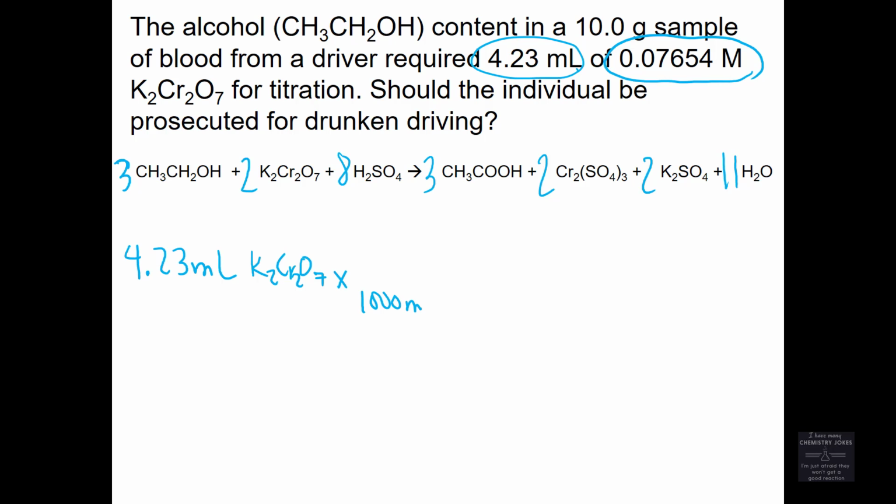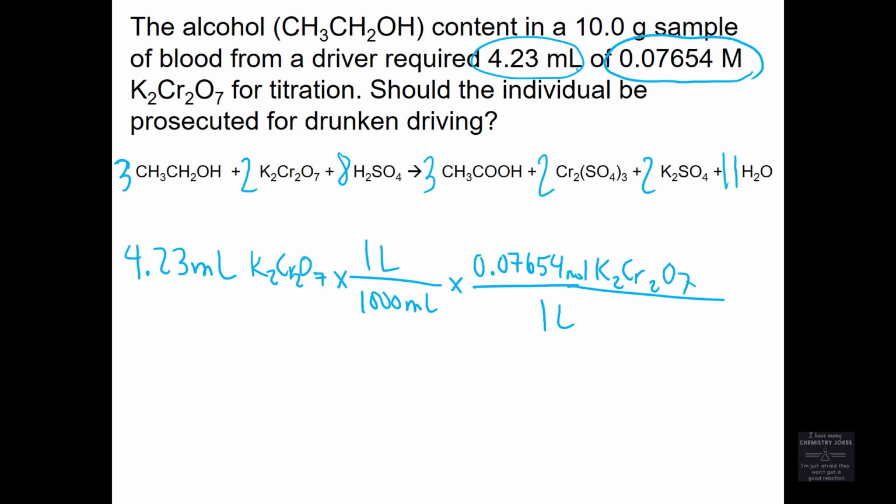1,000 milliliters are contained in 1 liter. And the reason I need to go to liters is because there are 0.07654 moles of potassium dichromate in 1 liter solution of potassium dichromate. Okay, if I stopped there, that would tell me moles of dichromate.